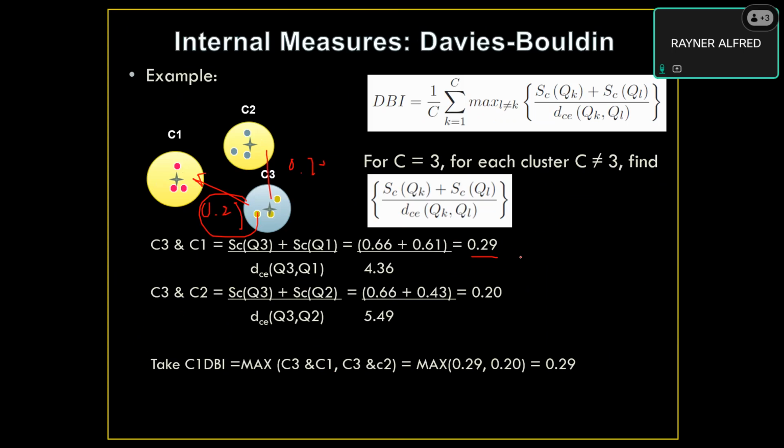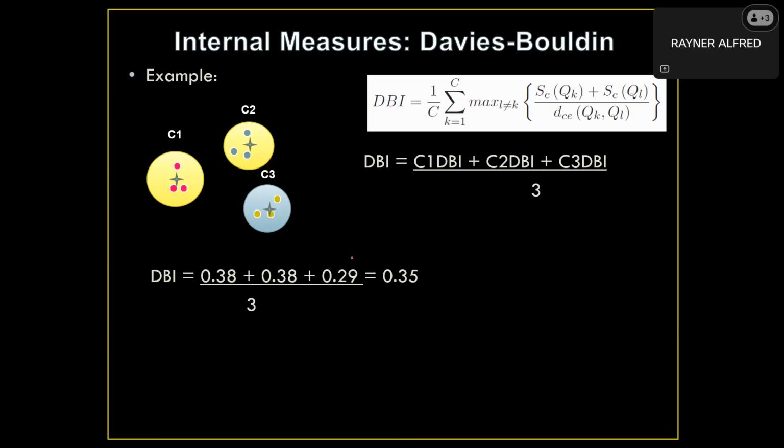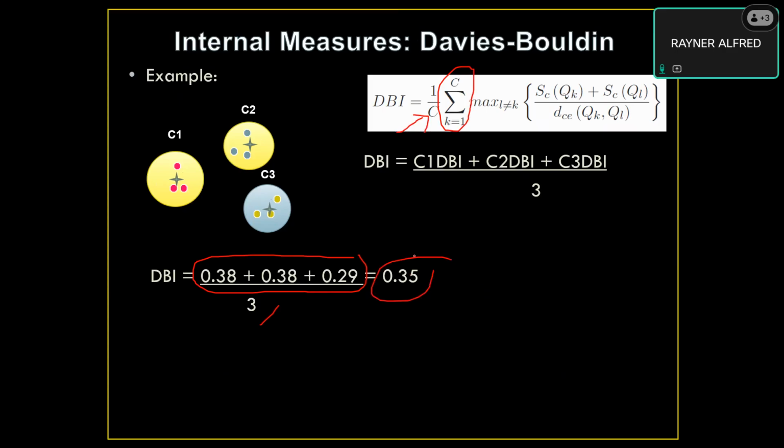So once we have this 0.29, the total DBI will be the summation of all these values divided by 3. We add up all those values divided by 3, and we get 0.35. So this number is the DBI value. If we have another clustering result and we get 0.3 or 0.29, this is the total here.